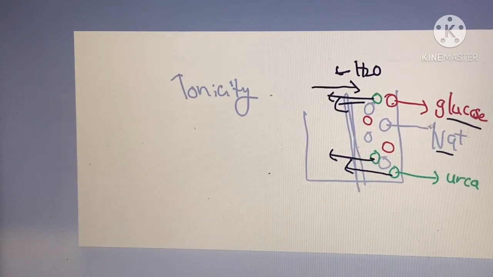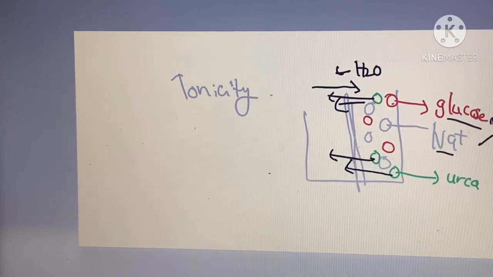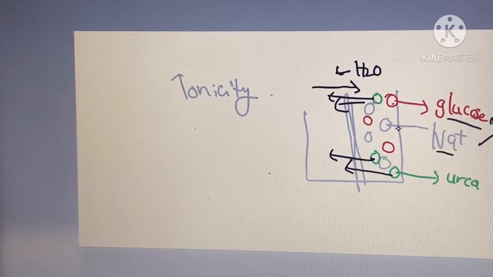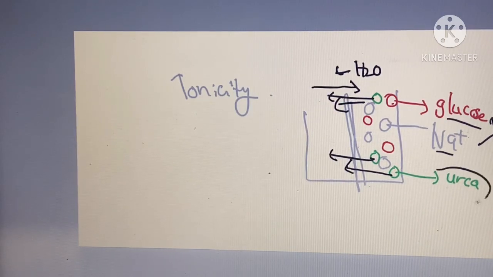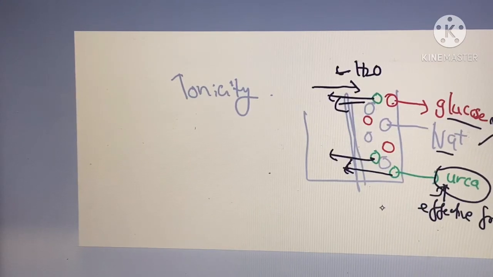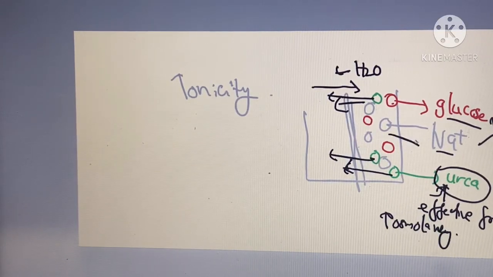So it shows that only the glucose and sodium can give the tonicity of the solution here. It's not the urea, because the urea can cross the membrane, so it cannot give any effective force to increase the osmolarity of the solution here.